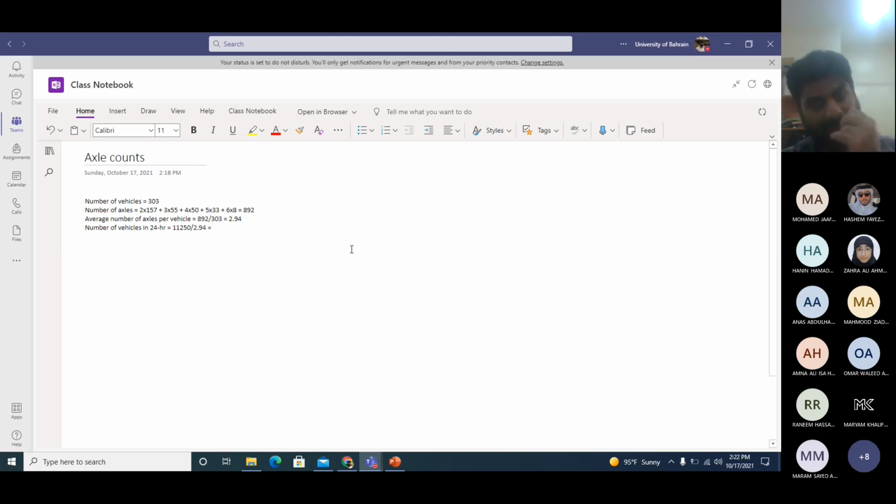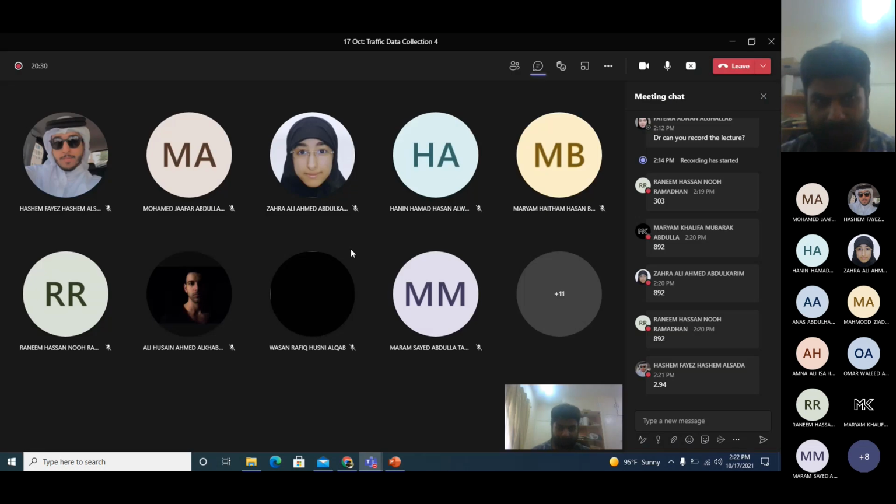The number of axes divided by axes per vehicle will give me the number of vehicles. How much is it? 11,250 divided by 2.94.